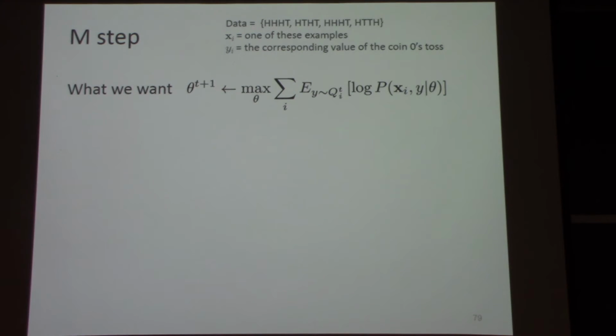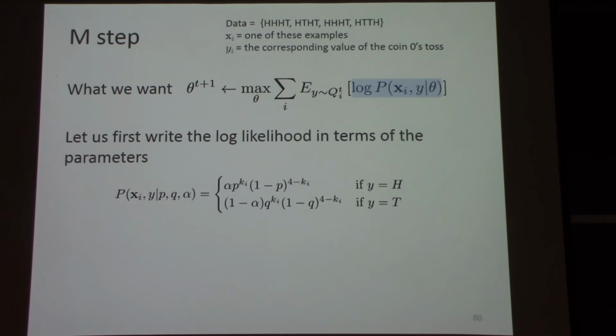Okay, so for the M step, we care about maximizing this quantity. Let's simplify this. Let's look at the term inside the expectation. That's the log likelihood of the data. It is exactly fixed by the generator model, just asking what's the probability of observing a certain fully labeled example, an XY pair. Given the current parameters, this is the likelihood, from one of the previous slides.